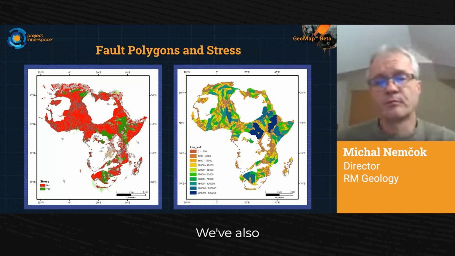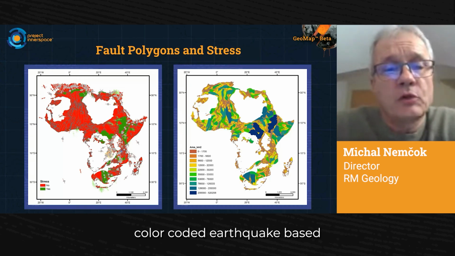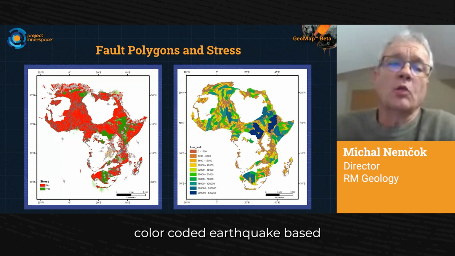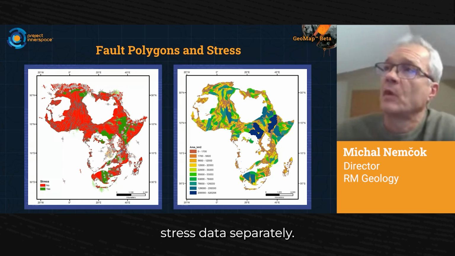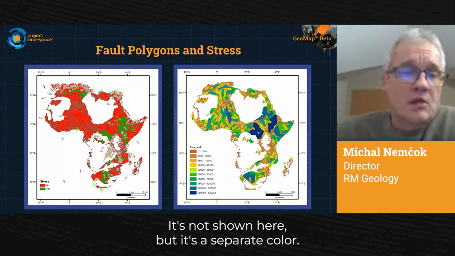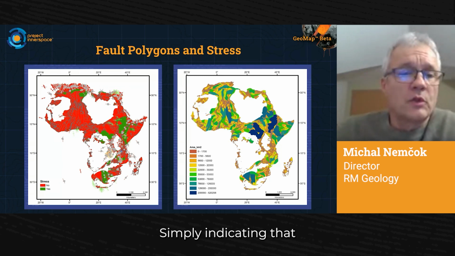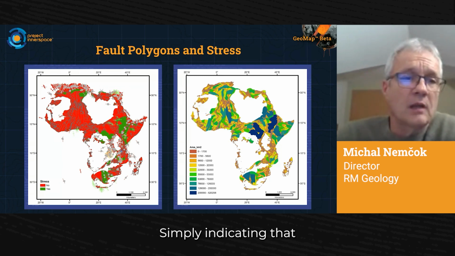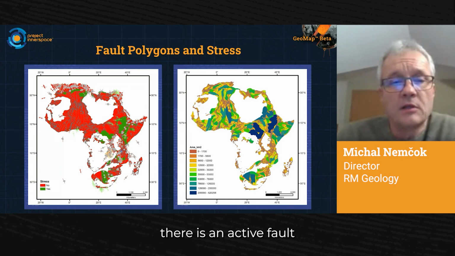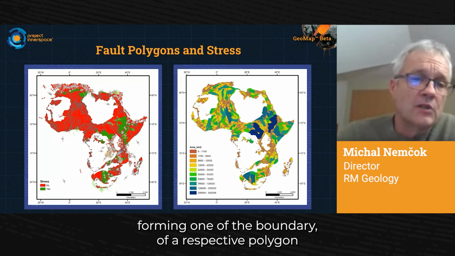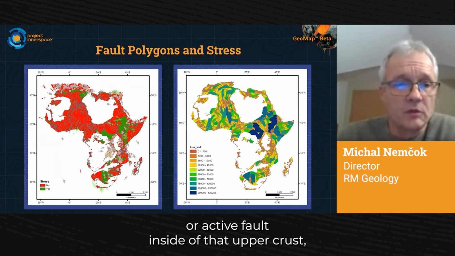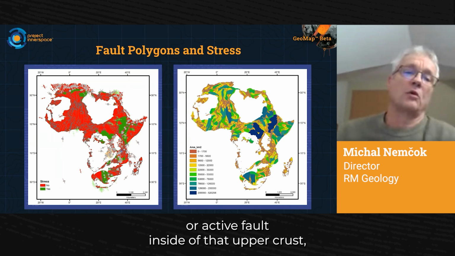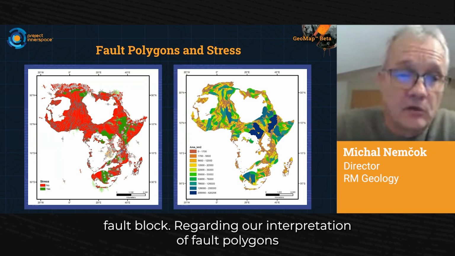We've also color-coded earthquake-based stress data separately. It's not shown here, but it's a separate color, simply indicating that there is an active fault forming one of the boundaries of a respective polygon, or an active fault inside of that upper crustal fault block.